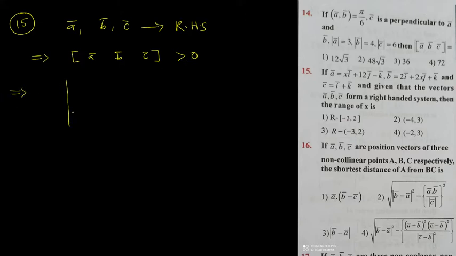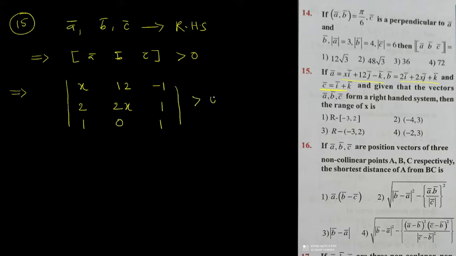Using a determinant. In the first row, the i, j, k coefficients of a bar: x, 1, 2, minus 1. Next, the coefficients of b bar: 2, 2x, 1. Next, the coefficients of c bar in the third row: i and j are not there, so 0, and the k bar coefficient is 1.